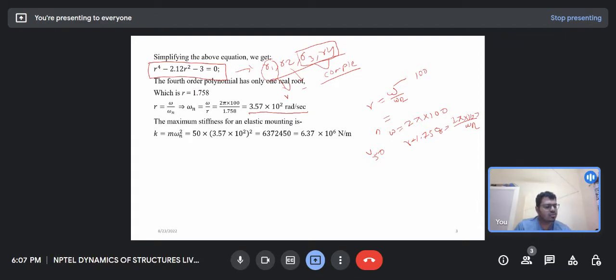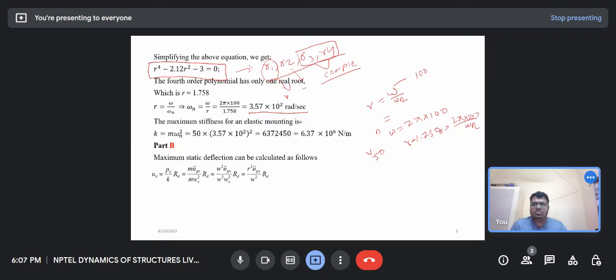Okay. Now we are moving to another part in which it is asked, what is the maximum deflection of a mounting. So the maximum static deflection can be calculated as u naught is equal to p naught by k into rd.